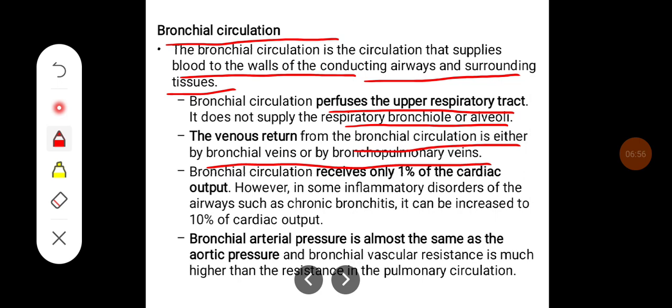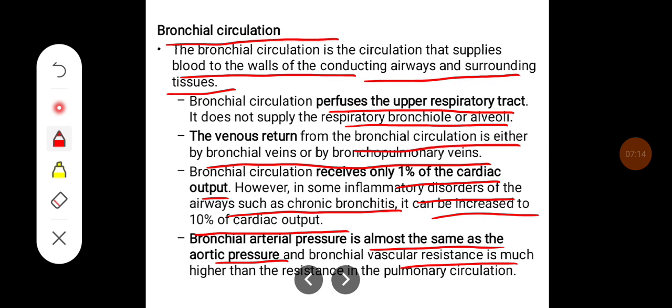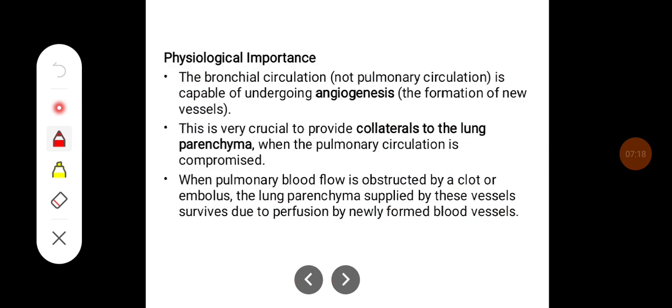Bronchial circulation receives only 1% of the cardiac output. However, in some inflammatory disorders of airways, such as chronic bronchitis, it can be increased to 10% of the cardiac output. Bronchial arterial pressure is almost the same as that of aortic pressure, and the bronchial vascular resistance is much higher than the resistance in the pulmonary circulation.